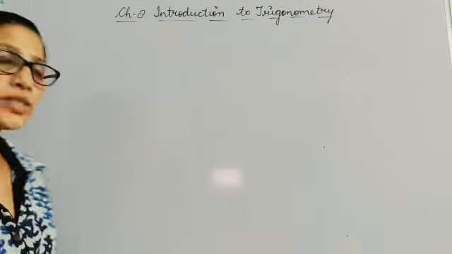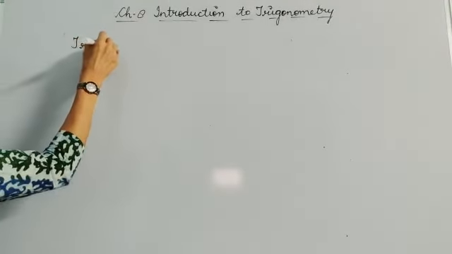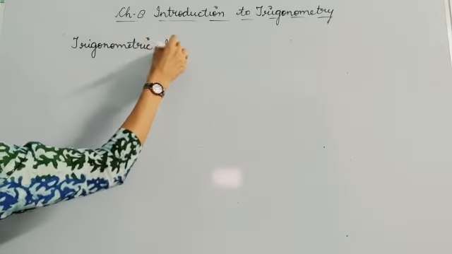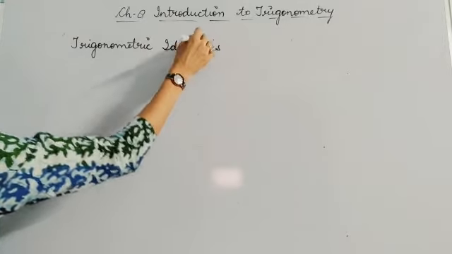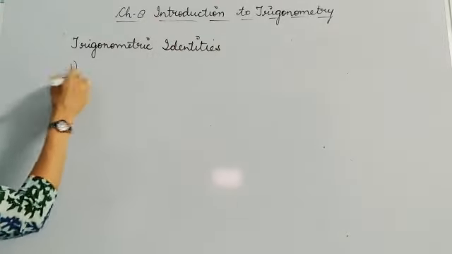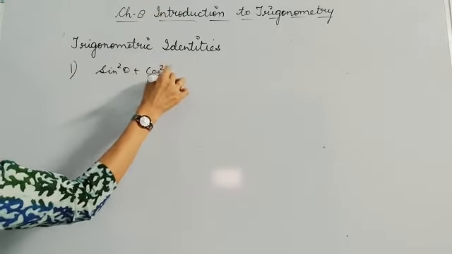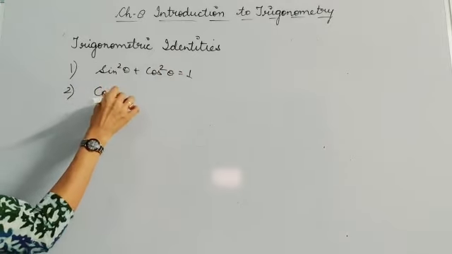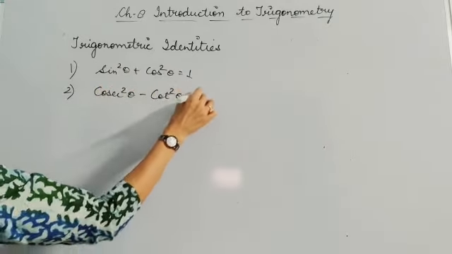Now children, let's talk about trigonometric identities. You have 3 trigonometric identities which you have to remember by heart. One is sine square theta plus cos square theta equal to 1. Second is cosec square theta minus cot square theta equal to 1.